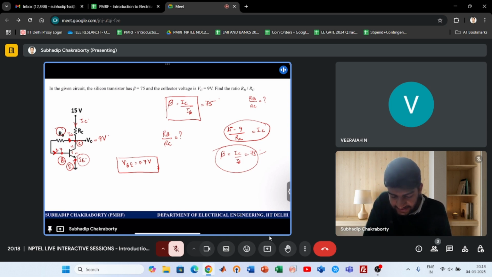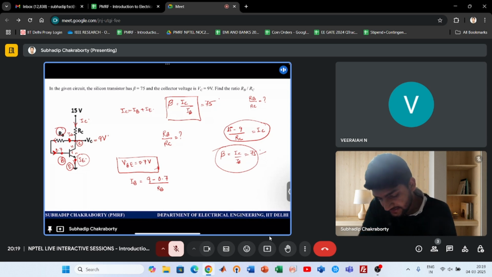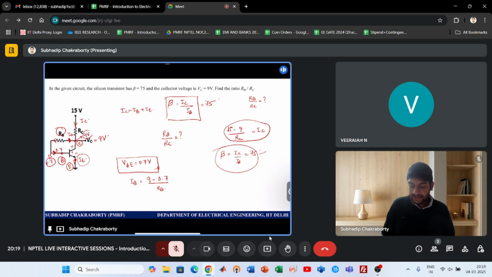So IE is equal to IB plus IC, right? And then VB is 0.7. So how can I write IB? IB equal to 9 minus 0.7 divided by RB. So this voltage is 0.7 and this voltage is 9, right? So 9 minus 0.7 by RB. This is IB. And IC is 15 minus 9.